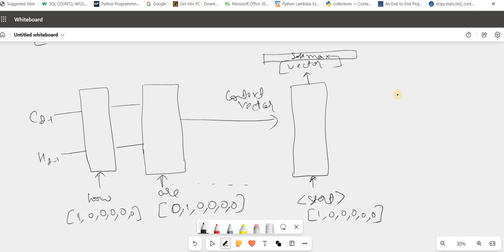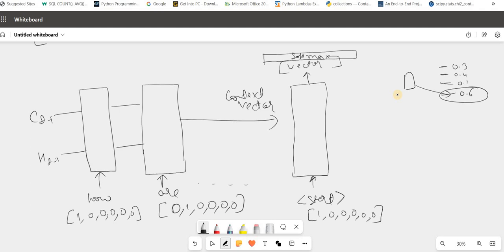So what does softmax actually do? Suppose you have 4 classes, 1 2 3 4. For every value you will get some output like 0.3, 0.4, 0.1, 0.6. So for the given set of input, it will say this class is correct because it has the highest probability. That is what softmax does.